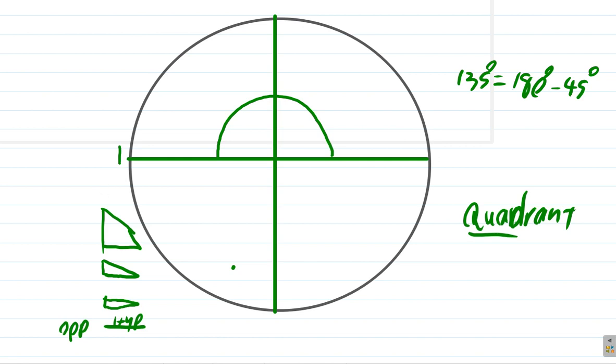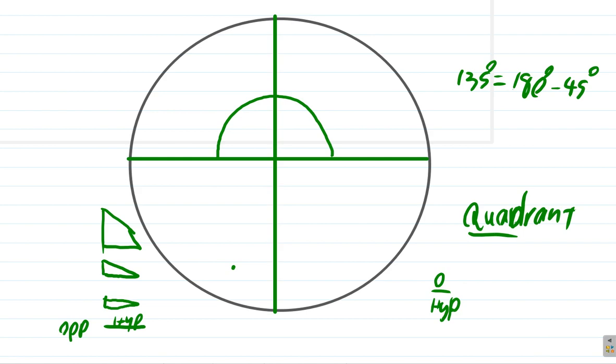It doesn't have any height. So the opposite is 0 over the hypotenuse, whatever it is. But remember, 0 over anything is 0. So our sine of 180 will be 0.